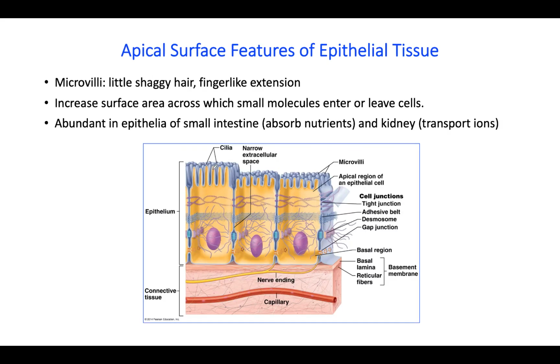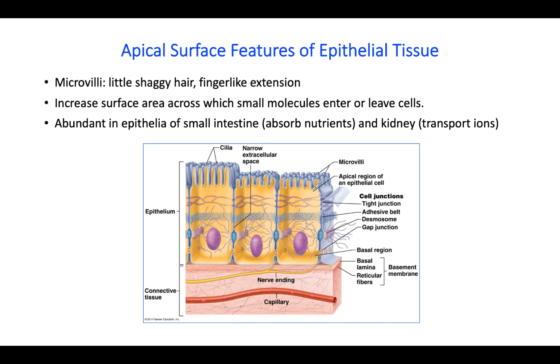Let's look at apical surface features of epithelial tissue. I mentioned that here's cilia, and here's microvilli. They are not the same. How are they different? Microvilli are little shaggy hair-like, finger-like projections.